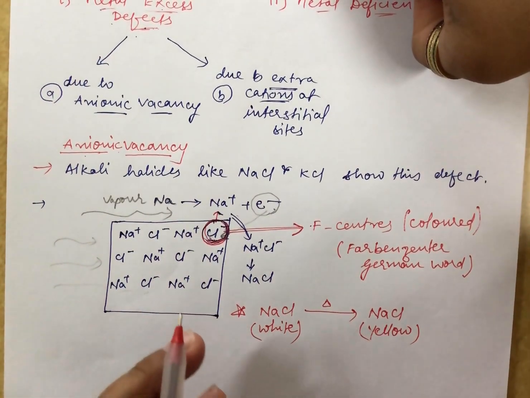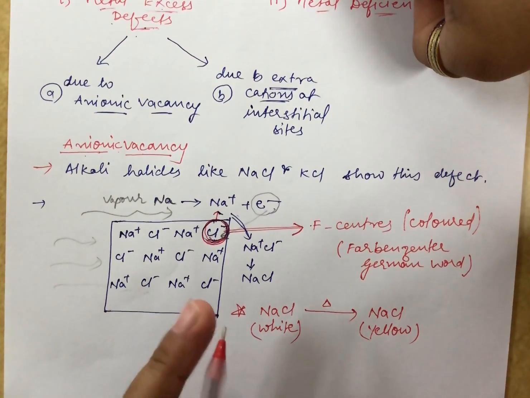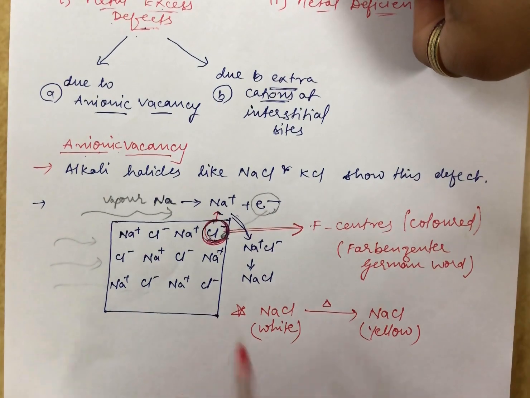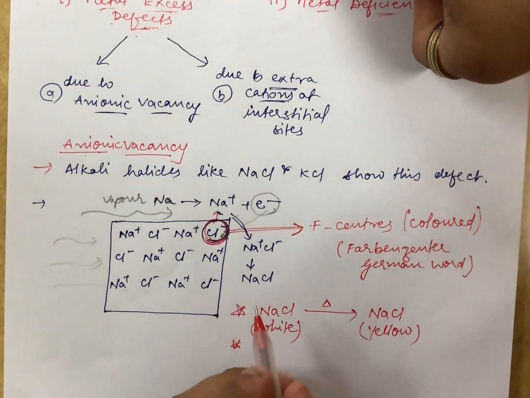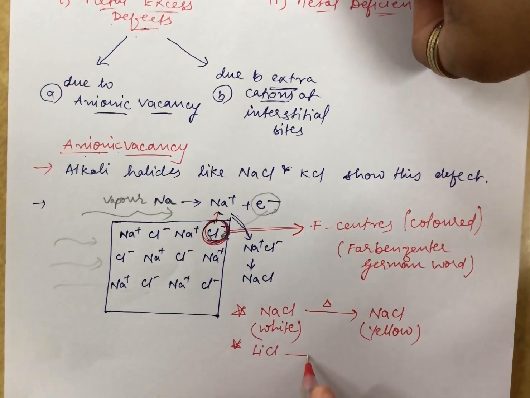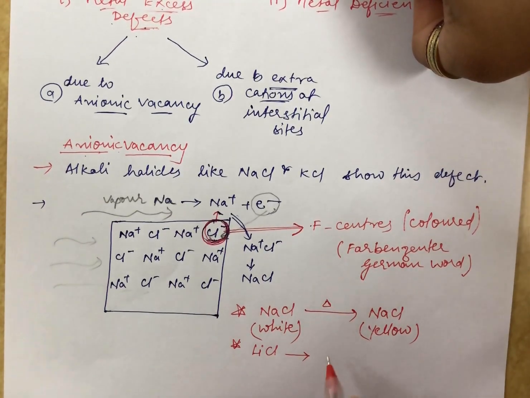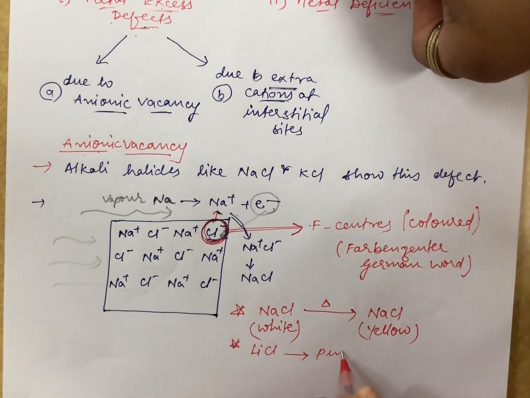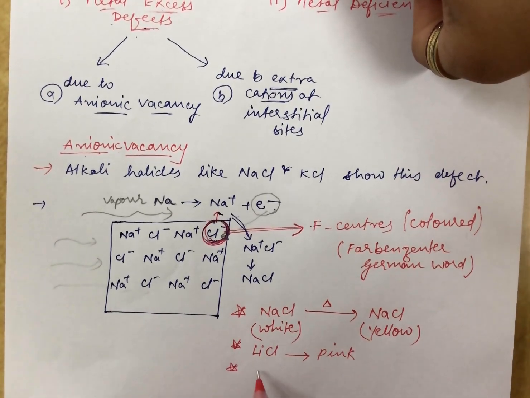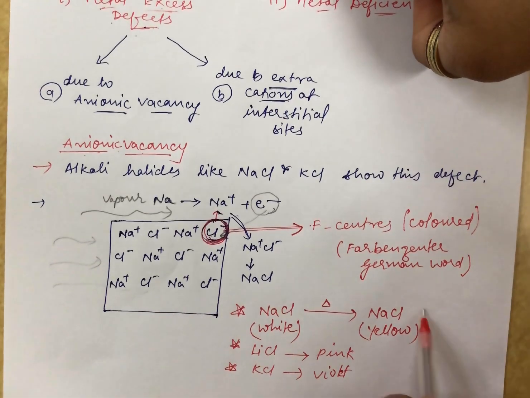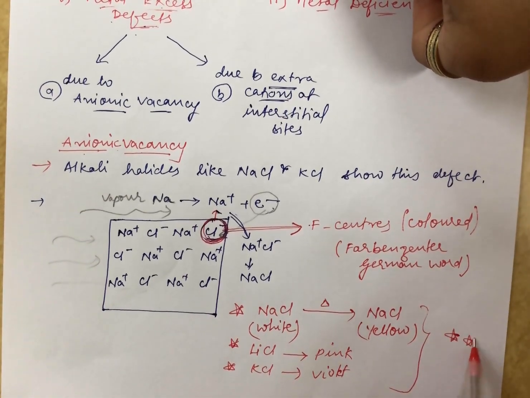The color of the crystal of NaCl after heating is different. Same thing in case of LiCl, you get pink color, and in case of KCl you get violet color. You need to keep this in mind. From the exam point of view, this is important.